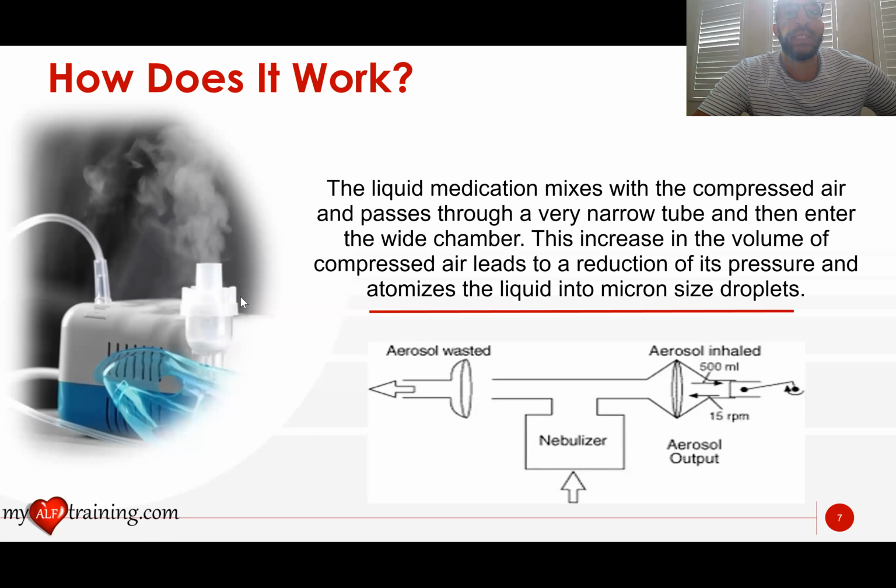So what happens is the liquid medication mixes with compressed air, and it goes through a very narrow tube which enters into a wider chamber or area. And this increase in the volume of compressed air, because it's entered into a wider area, leads to a reduced amount of pressure. And then it turns the liquid into very, very small droplets.